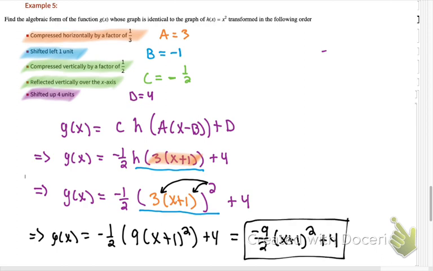And again, I could leave it in this form, or I could square the x plus 1 and distribute the -9/2 and add like terms and write it simplified. But there's our function g of x that's been formed from h of x equals x squared by performing our transformations in that order.